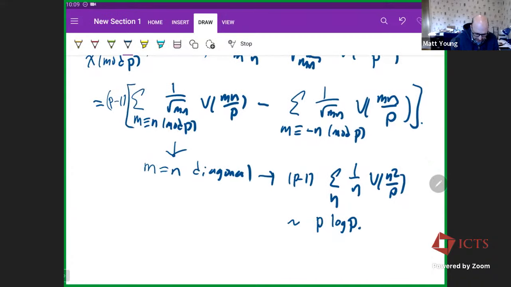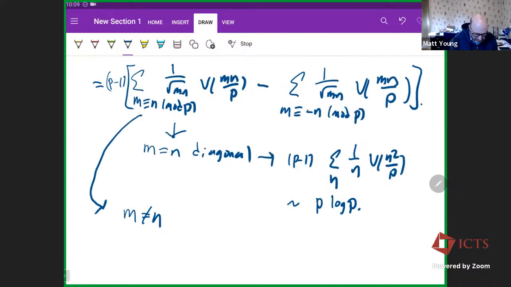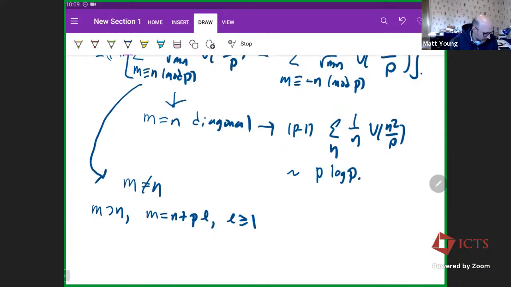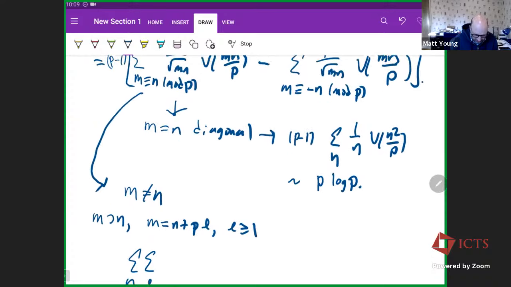From the terms where m is congruent to n, but m is not equal to n, you don't get very much, because let's just take m bigger than n. So let's write m equals n plus pl, where l is greater than or equal to 1.